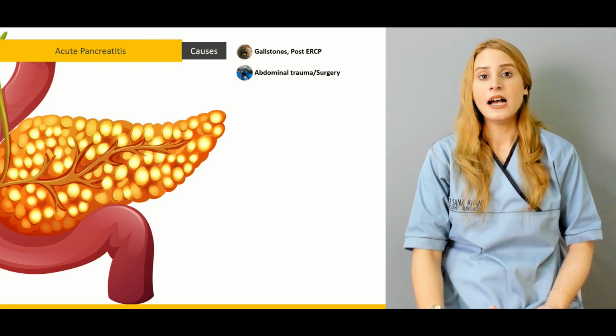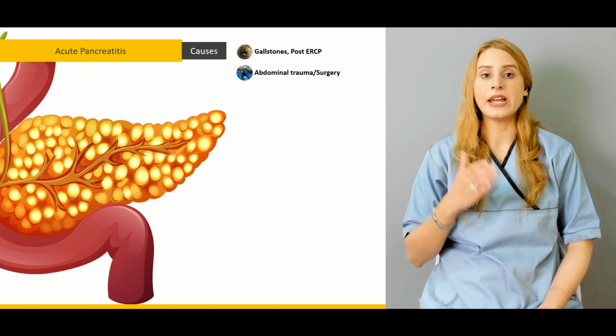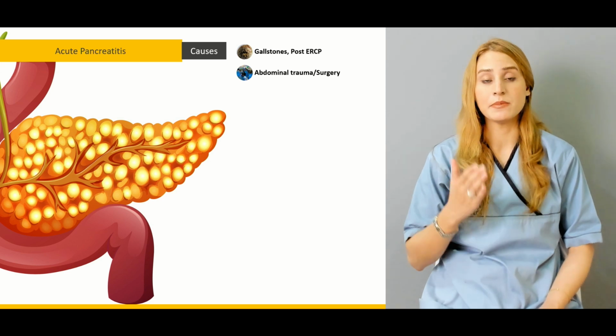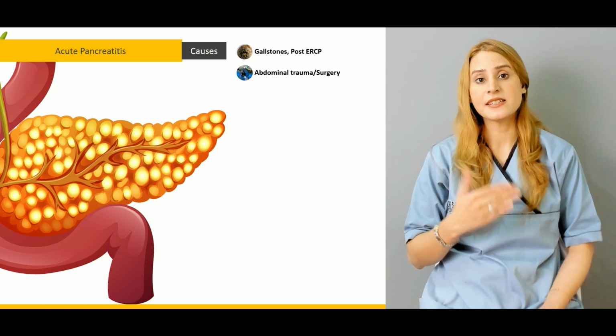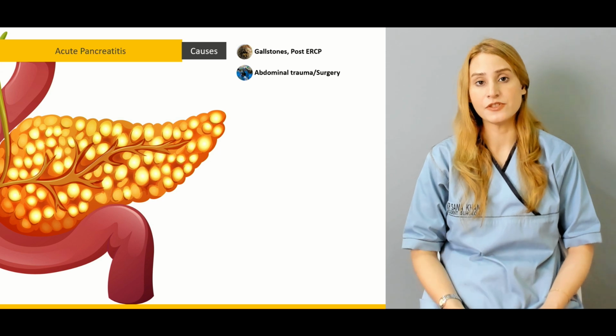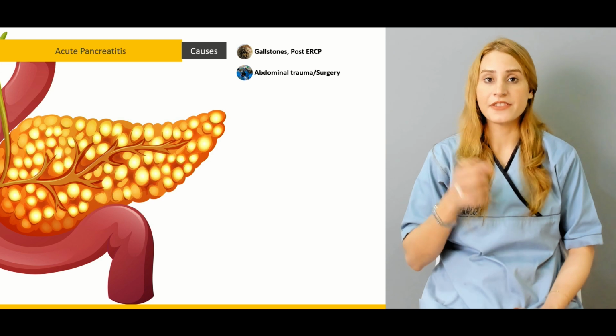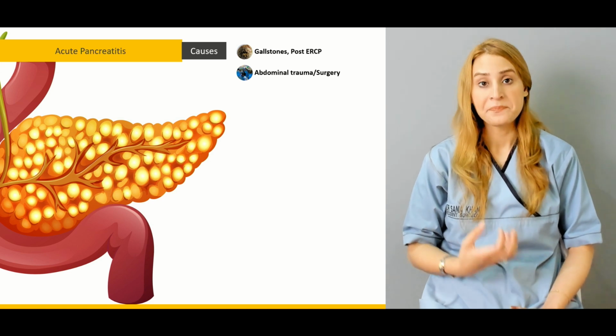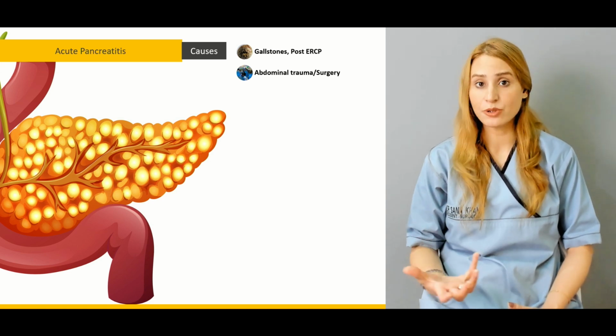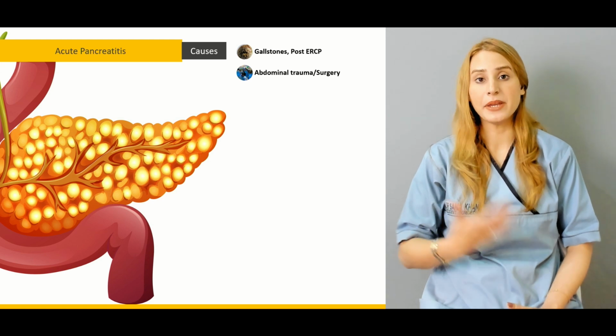Besides that, if there is a history of abdominal trauma, sometimes because of that trauma there is injury to the pancreas, and that injury causes the lytic enzymes, which are the pancreatic enzymes, to be released.